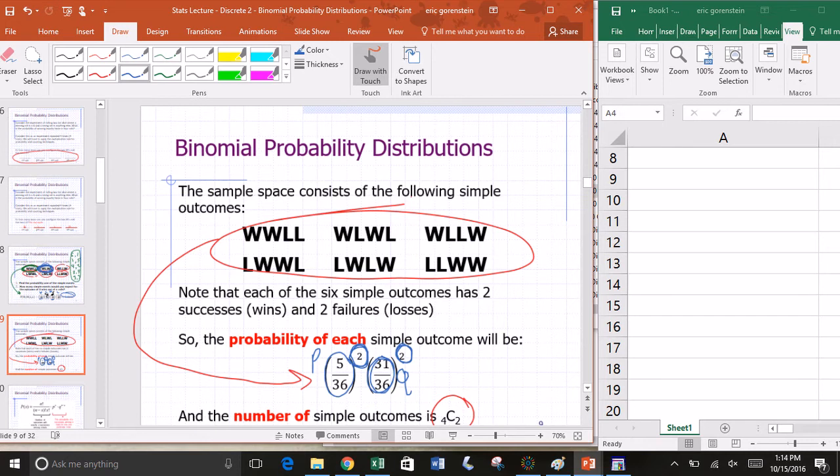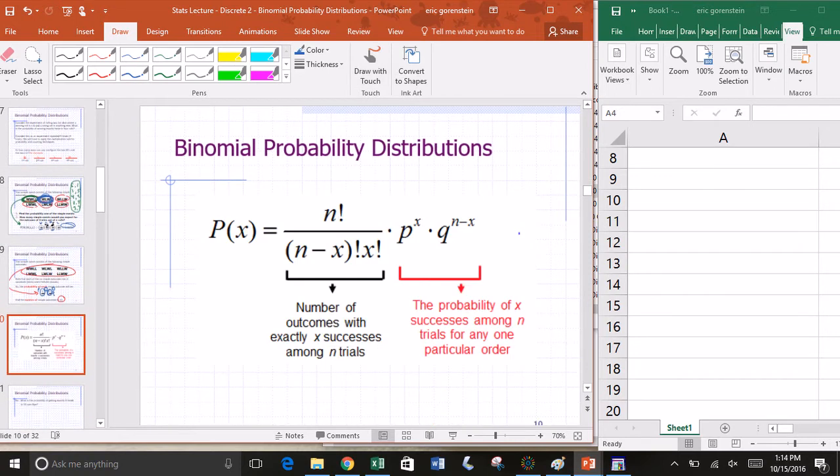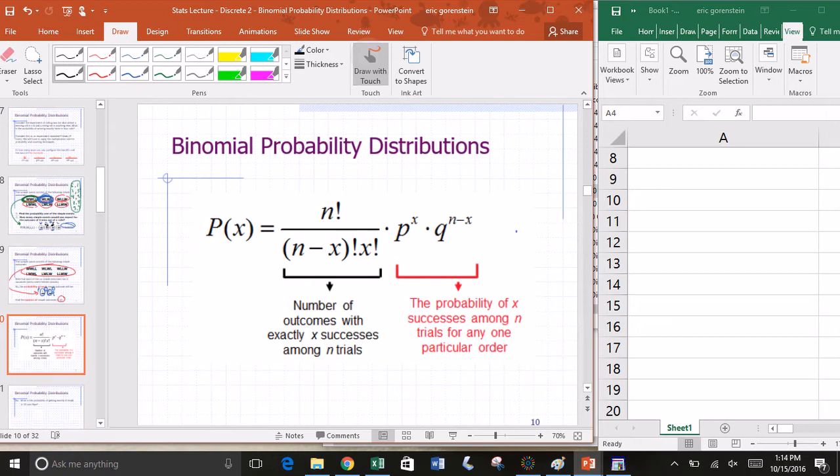We could formalize this, generalize it, and we get the binomial probability distribution formula. So this will give you the probability of X successes. This notation, P of X, is the probability of X number of successes. Here, the combination, N combination X, this is N, C, X. This gives you the number of ways you could order successes and failures.